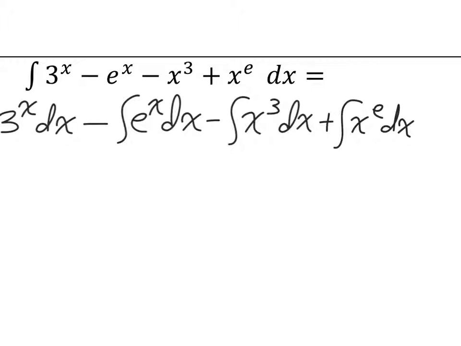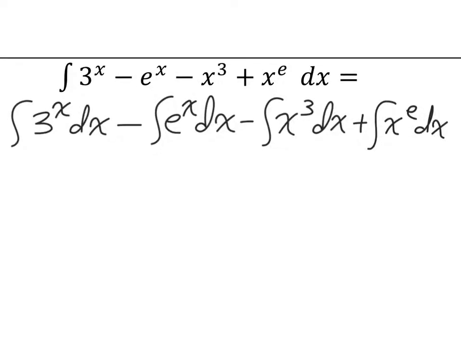So the first piece. Well, that's an exponential function with a base other than e. So we learned that that's going to be 3 to the x over ln of 3. And that directly comes from our knowledge of how to differentiate something like that, because if I had to take the derivative of this, it would be 3 to the x times the ln of 3.